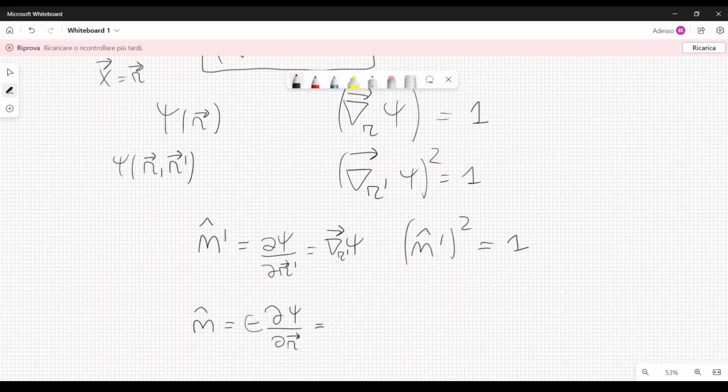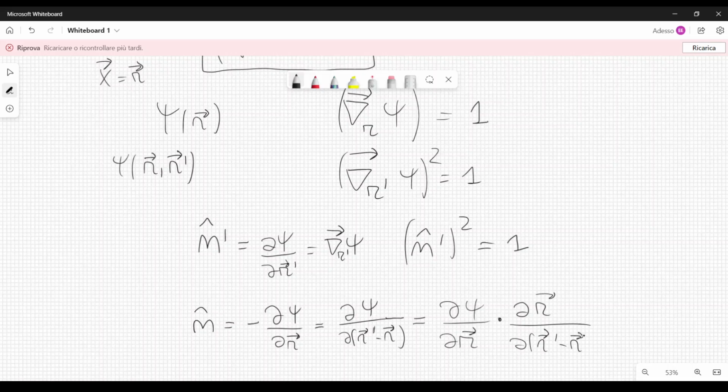This minus sign here arises because in principle we have to consider the gradient of psi with respect to r prime minus r. So this is the generic way to calculate the normal. The normal in this case is the direction of the light ray, and it is normal to the surface of the wave. But in this case we are keeping r prime fixed, and this gradient can be rewritten as d psi d r dot product d r with respect to d r prime minus r.